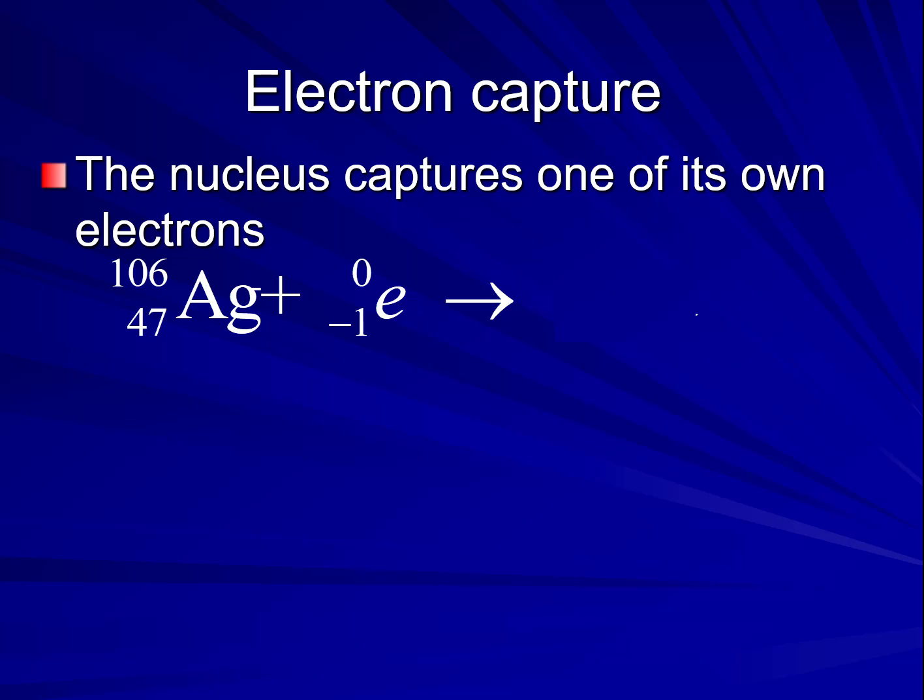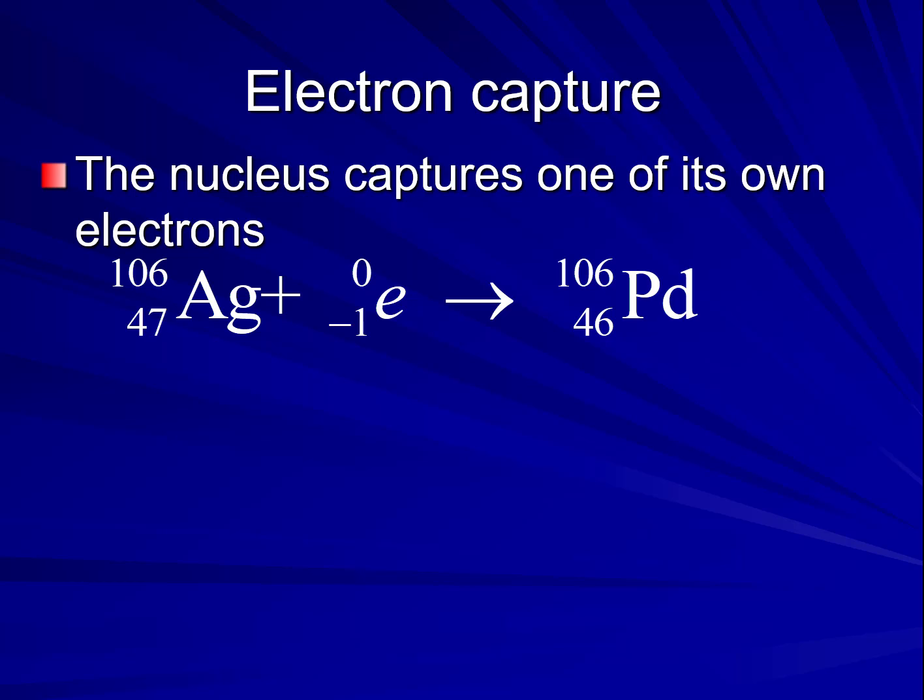So if I shoot a high energy beam of electrons at silver 106, every once in a while an electron will break through and actually hit the protons in the nucleus. What will it make? Okay, well, what's the top number going to be? 106. What's the bottom number going to be? 46.